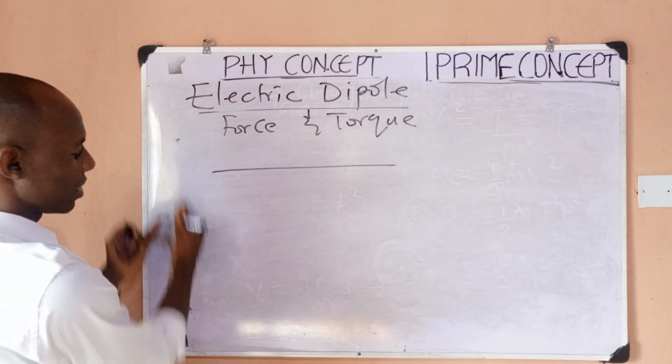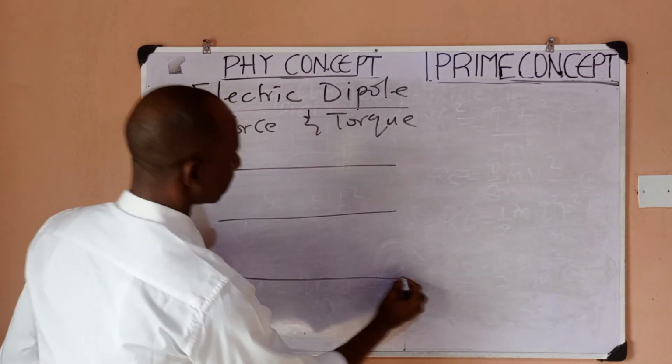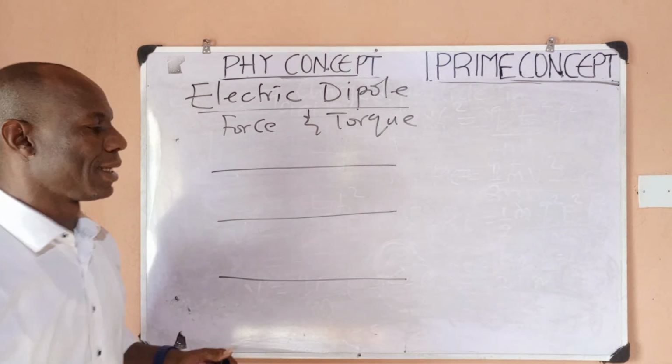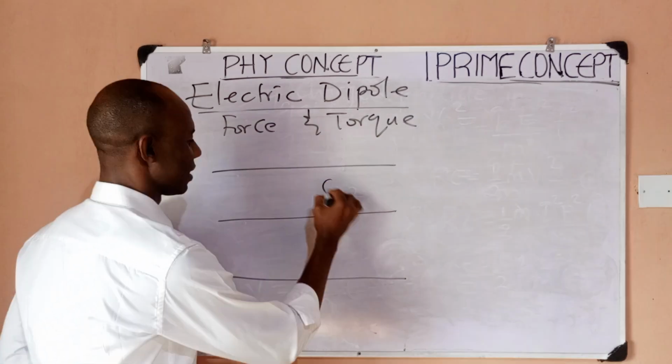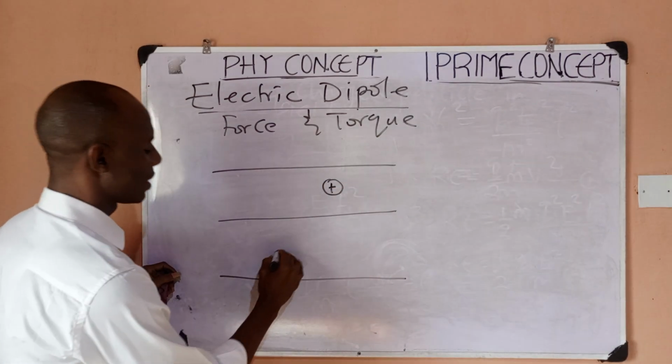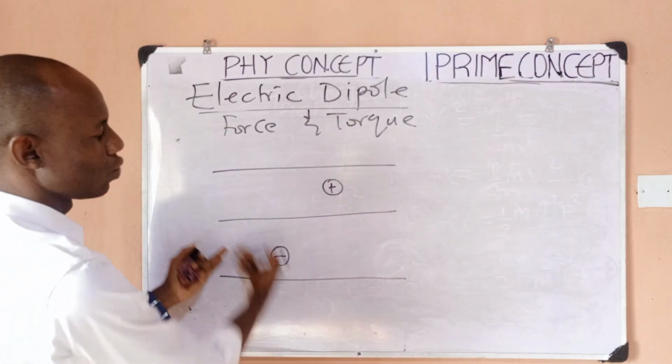We have a positive charge around here, which creates a field like this. And I place a dipole within this electric field. Say I place a positive charge here, and then say I place a negative charge somewhere around here.